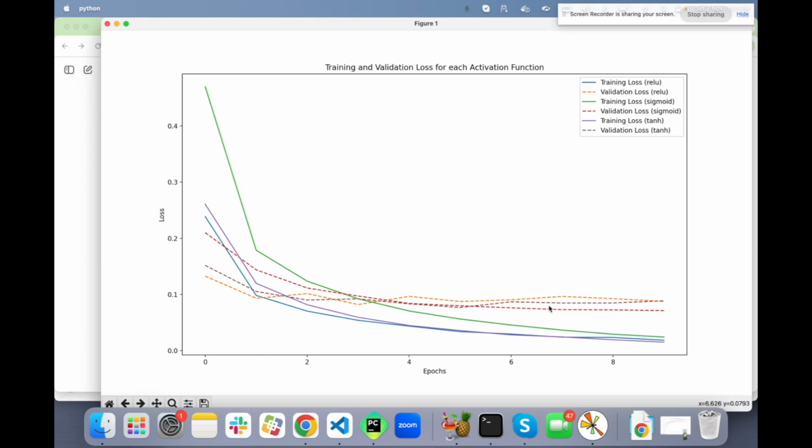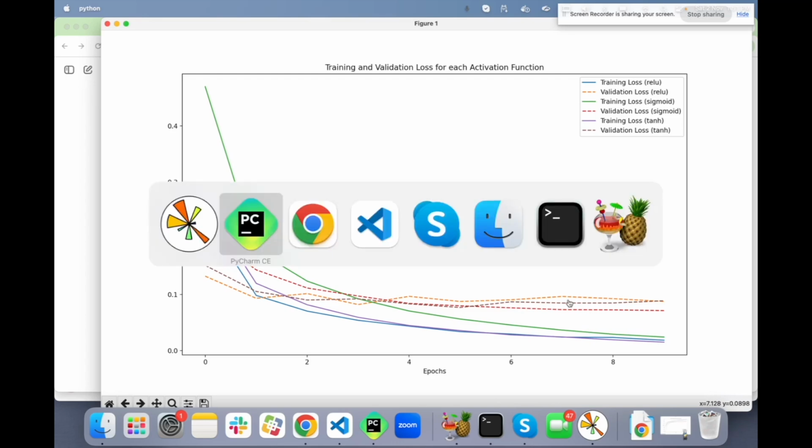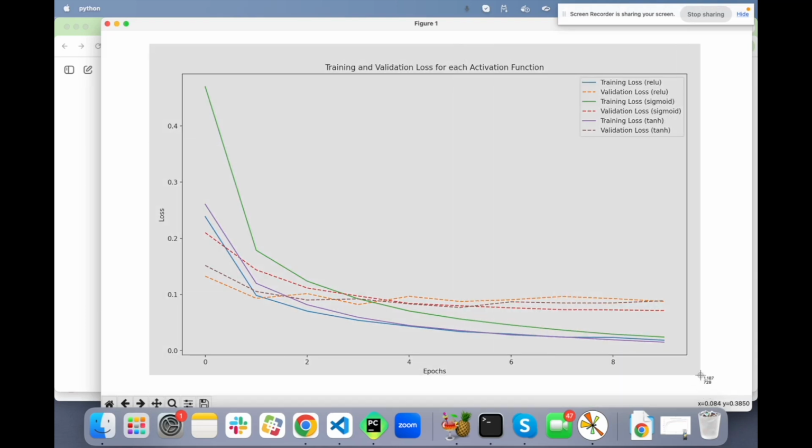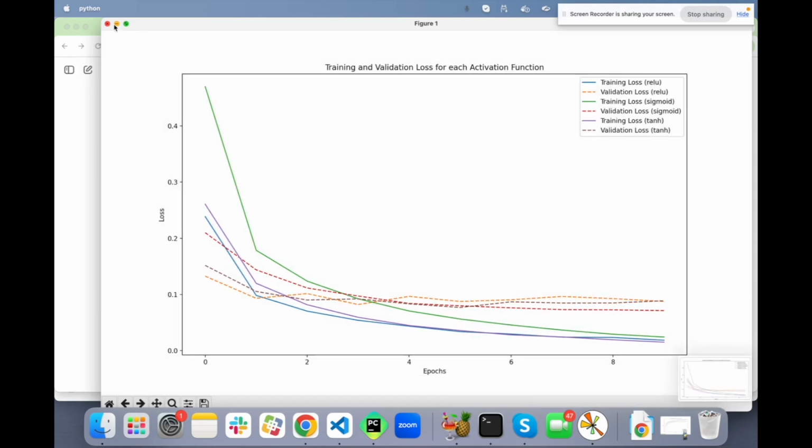But for me, I think tangent is better for the loss, but I need to see what ChatGPT has to say.